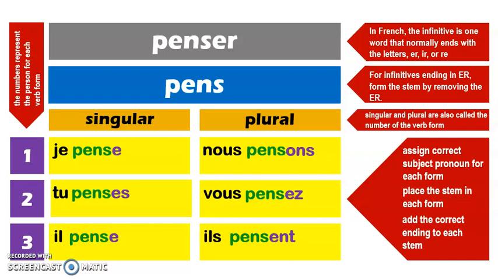So conjugating in French is a little more challenging than in English because you have more endings and each verb family has a different set of endings. For now, we'll just worry about the ER verbs in the present tense. And I'll have a lesson about IR verbs and RE verbs in the very near future. But congratulations, you just learned how to conjugate a verb in French in the present tense, and you learned how to conjugate over 80% of French verbs in the present tense.